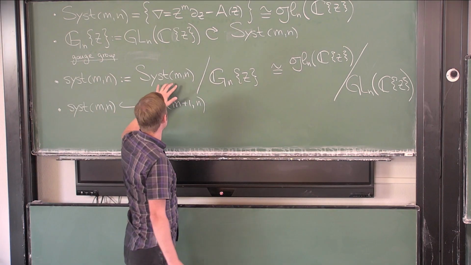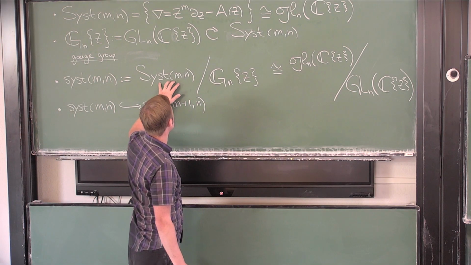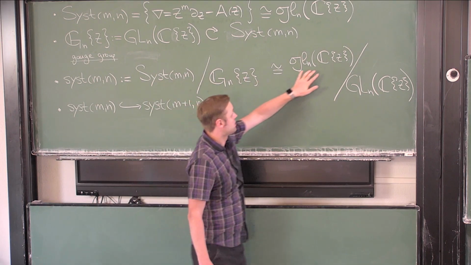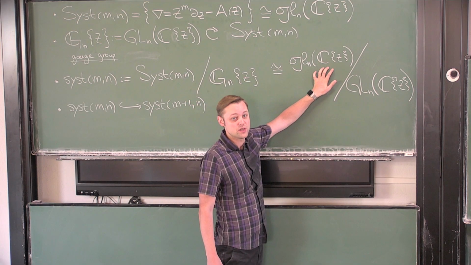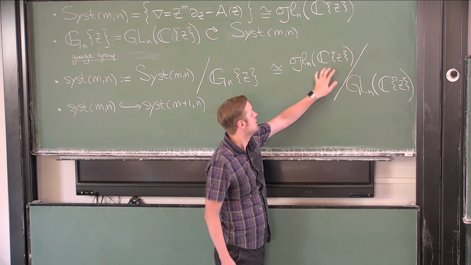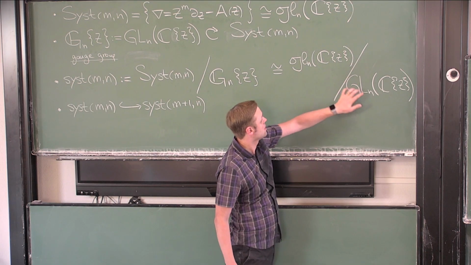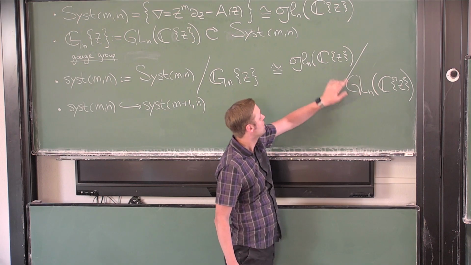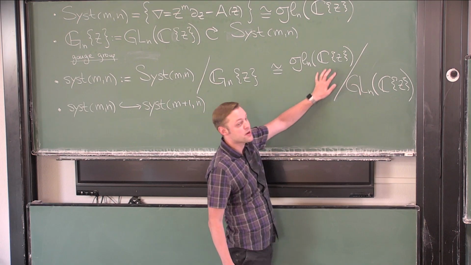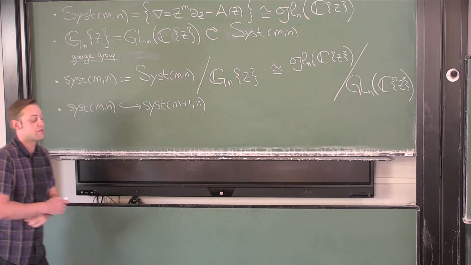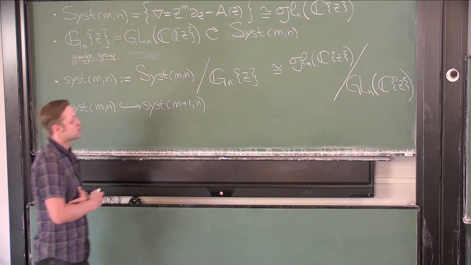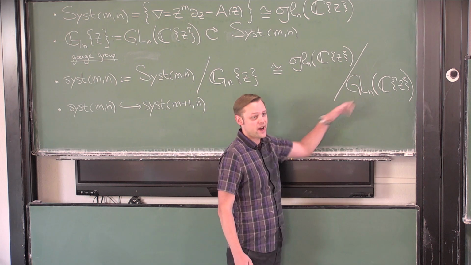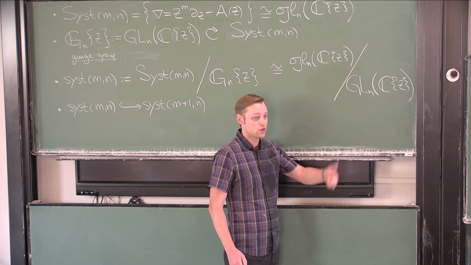And again, under the identification of the big syst with the space of matrices with convergent power series as entries, this is just a quotient of this space by this group action, which is very similar in spirit to something we are familiar with from linear algebra: the conjugation action by GL_n matrices on all matrices.